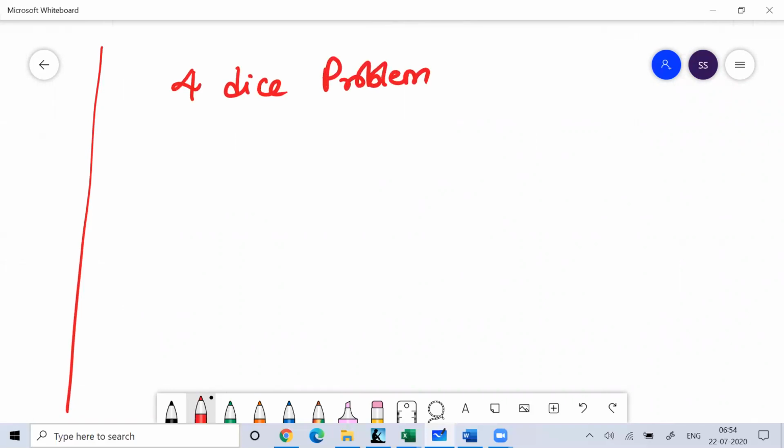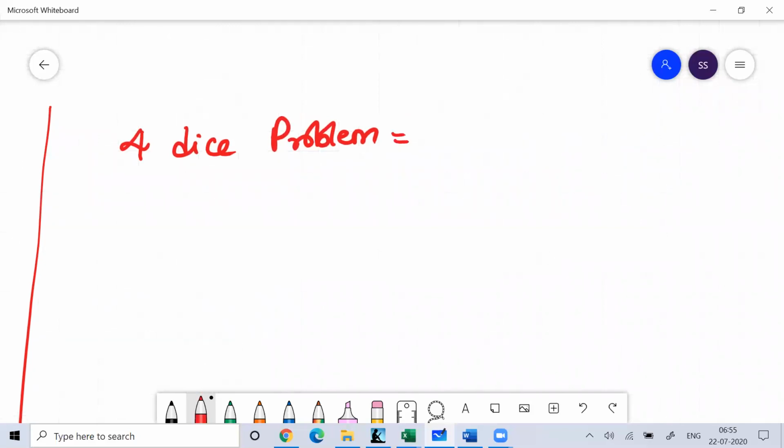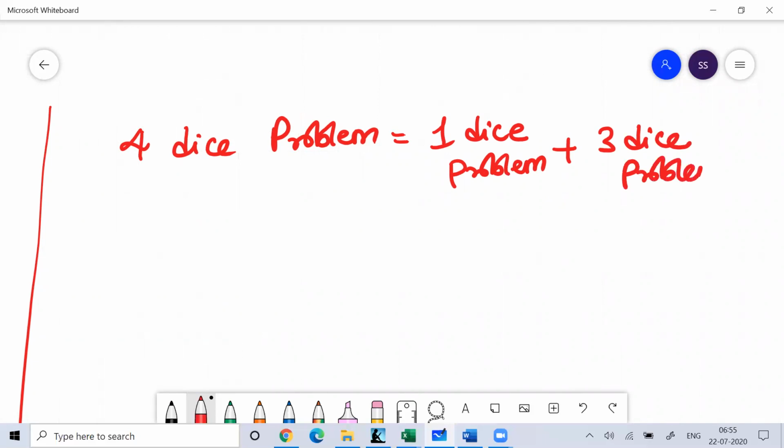Similarly, if I talk about a four dice problem, you can solve a four dice problem considering one dice and three dice. Whenever you get a four dice problem, break it as one dice plus three dice, and that way it can help you get the answer.